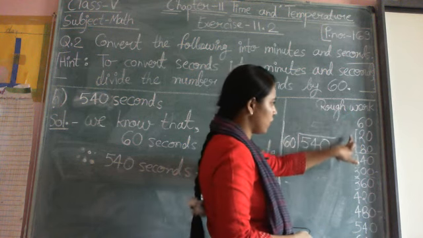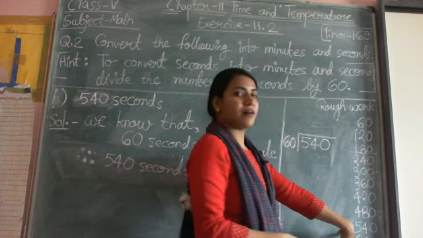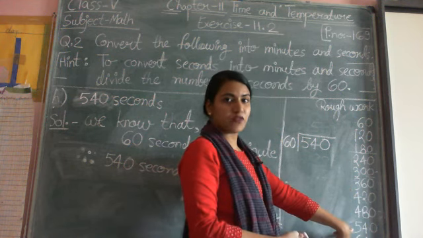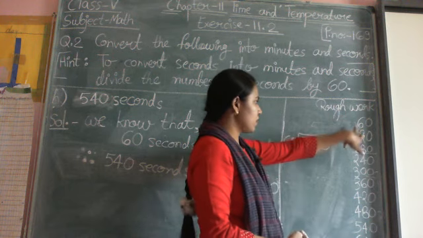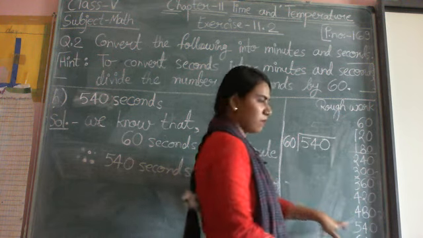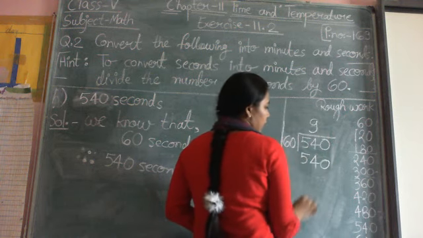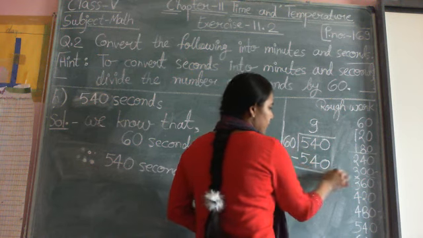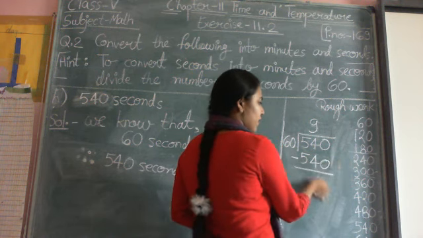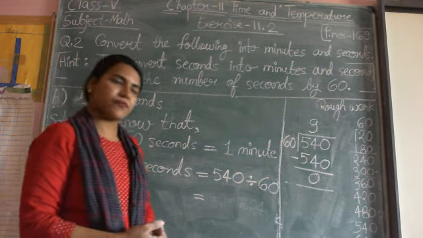Yes, 540 comes in the table of 60. In how many times? 1, 2, 3, 4, 5, 6, 7, 8, 9. In 9 times. So 60 nines are 540. Now subtract both the numbers. 540 minus 540, 0 will be the remainder.